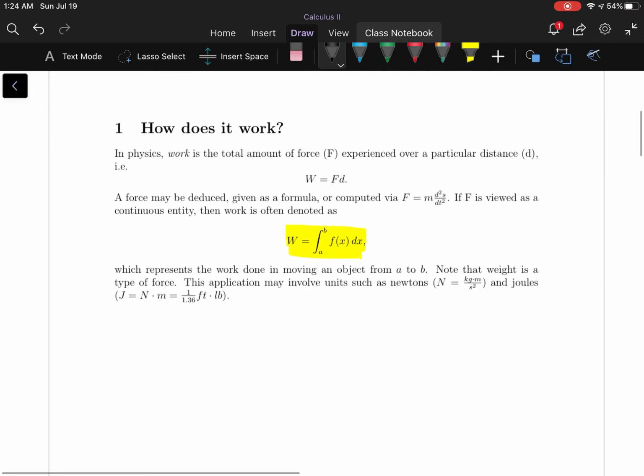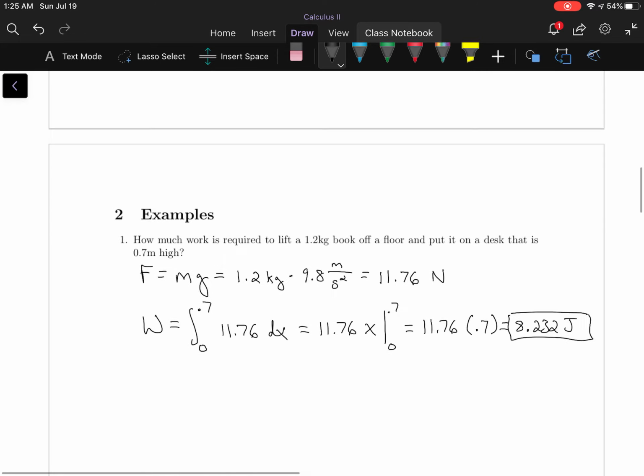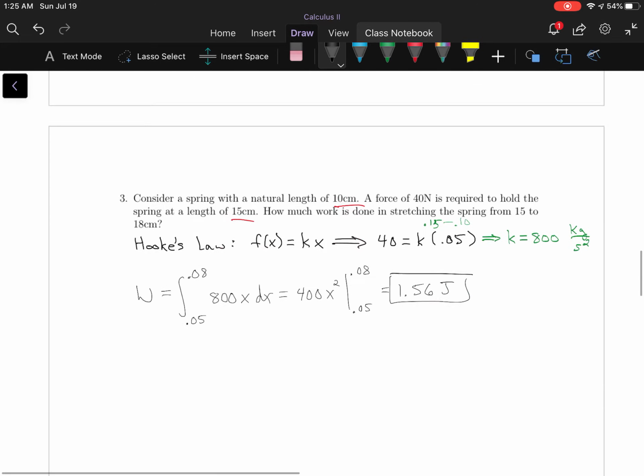And recall that looking at the relationship of units, if we want 10,000 foot-pounds in terms of joules, then we would need, we know that there's 1 foot-pound per 1.36 joules. So 10,000 foot-pounds is 10,000 times 1.36.